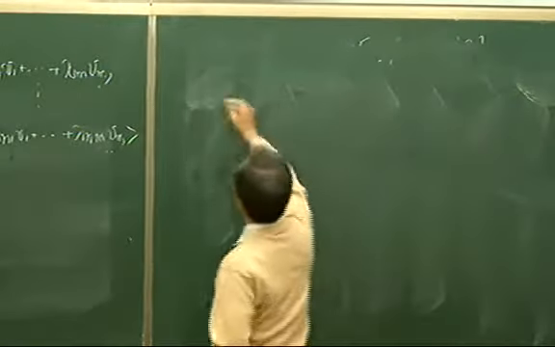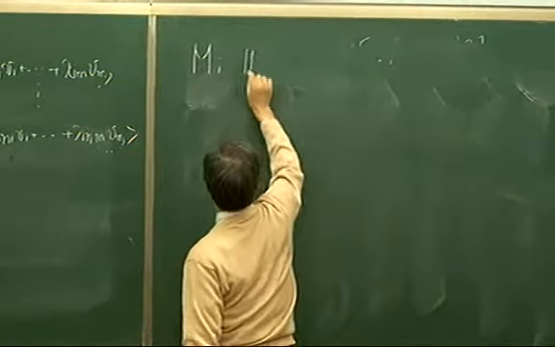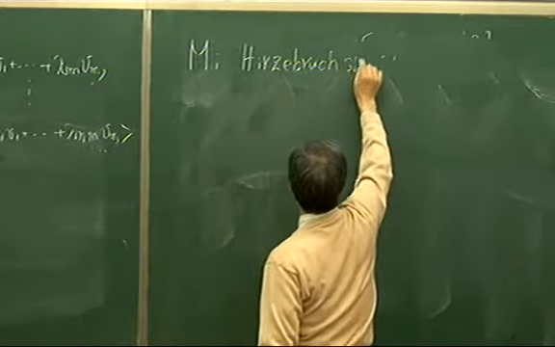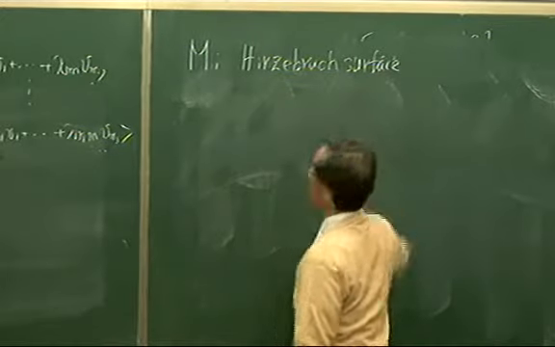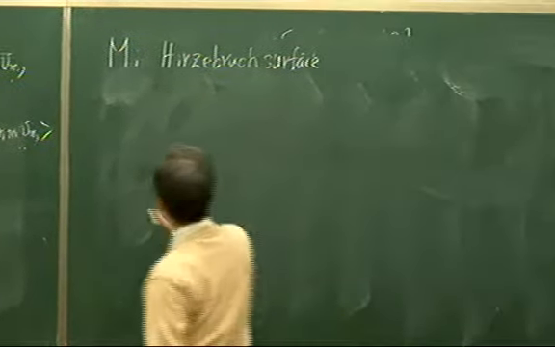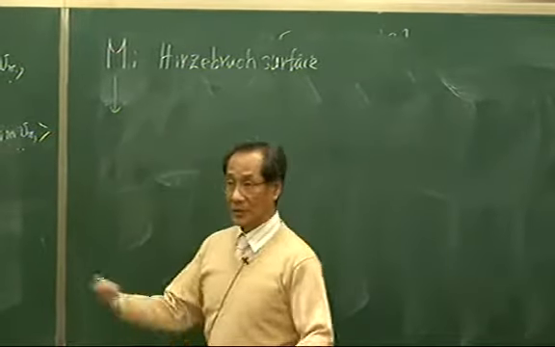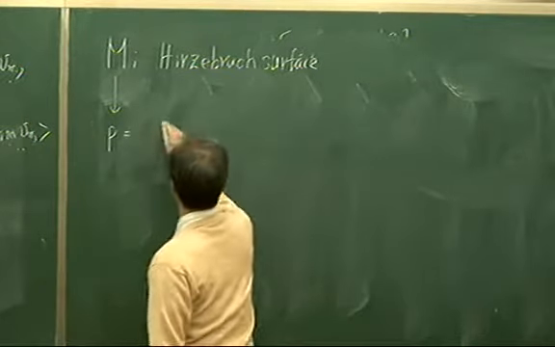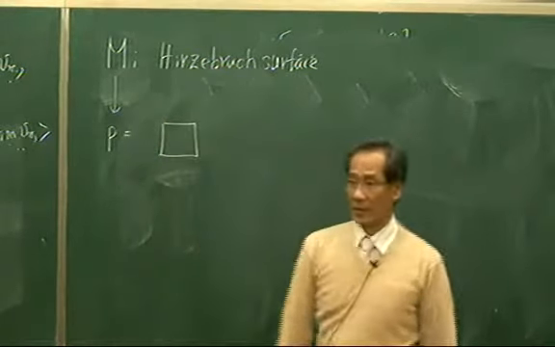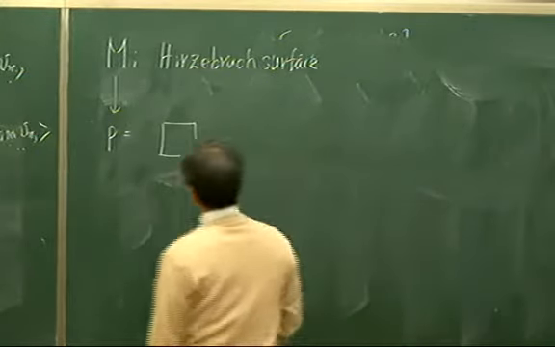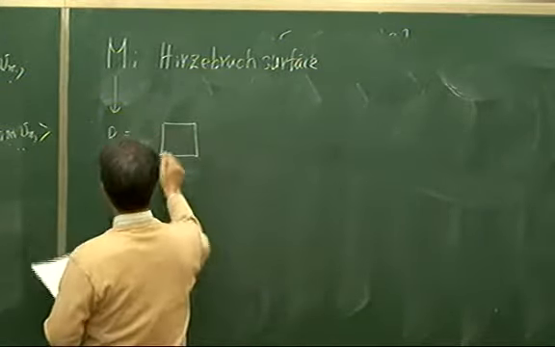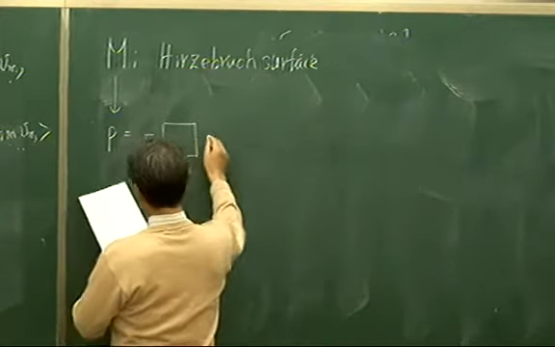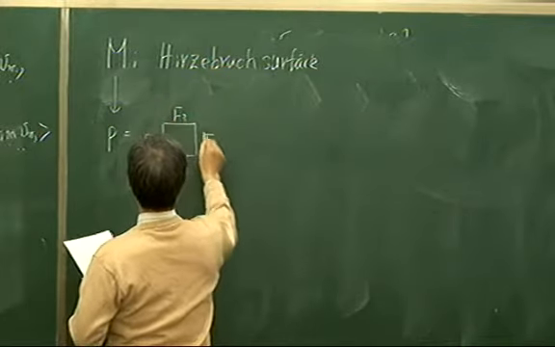There is a quasi-toric manifold called the Hirzebruch surface. This is an object that many people in algebraic geometry or topology consider. But here, in this case, P is just a square. Let's say this one is F1, then F2, F3, F4.